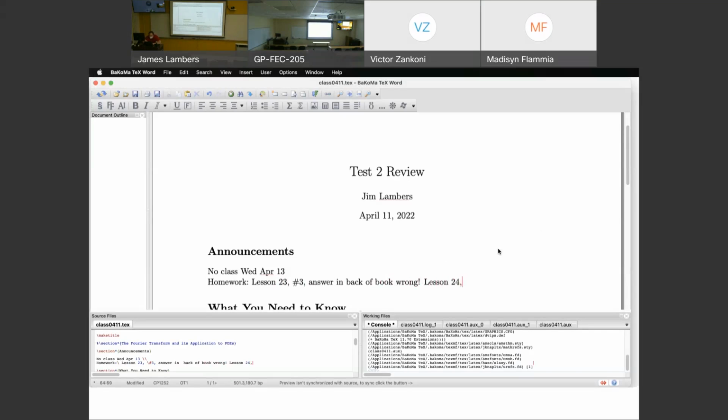And in lesson 24, number 1, you're trying to show that the solution to one wave equation, after differentiating with respect to t, is the solution of another wave equation. Use d'Alembert's solution formula.